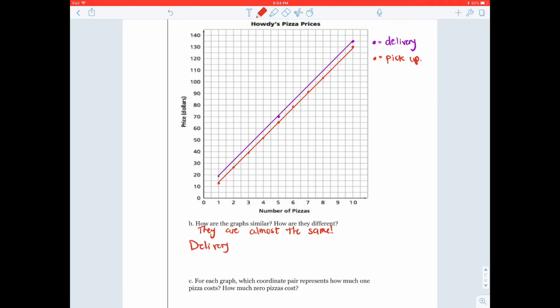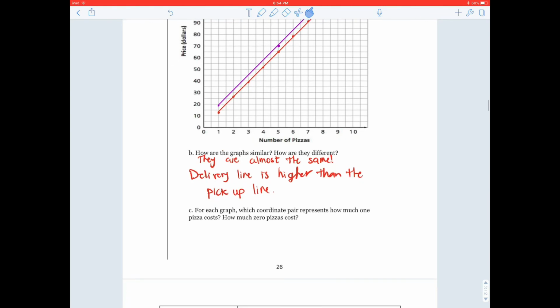Well, we could say that the delivery line is higher than the pickup line. Okay, so those are the major differences right now. They're almost the same, but then one is just higher than the other.